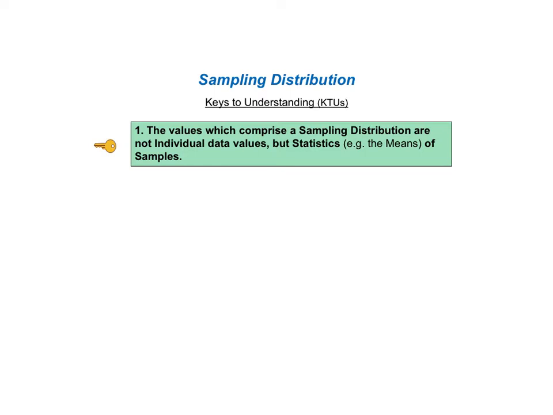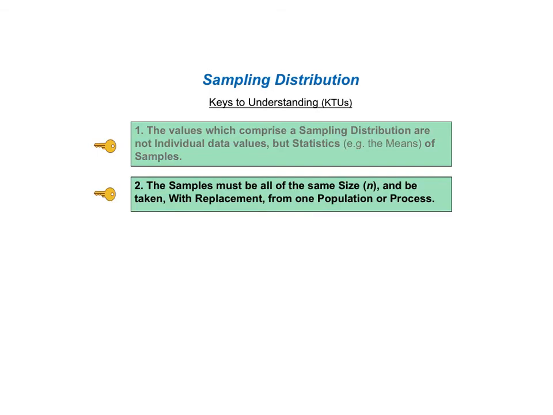The first key to understanding tells us that the values which comprise a sampling distribution are not individual data values, but are statistics, for example, the means, of samples. KTU number 2 says the samples must all be of the same size and must be taken with replacement from one population or process.